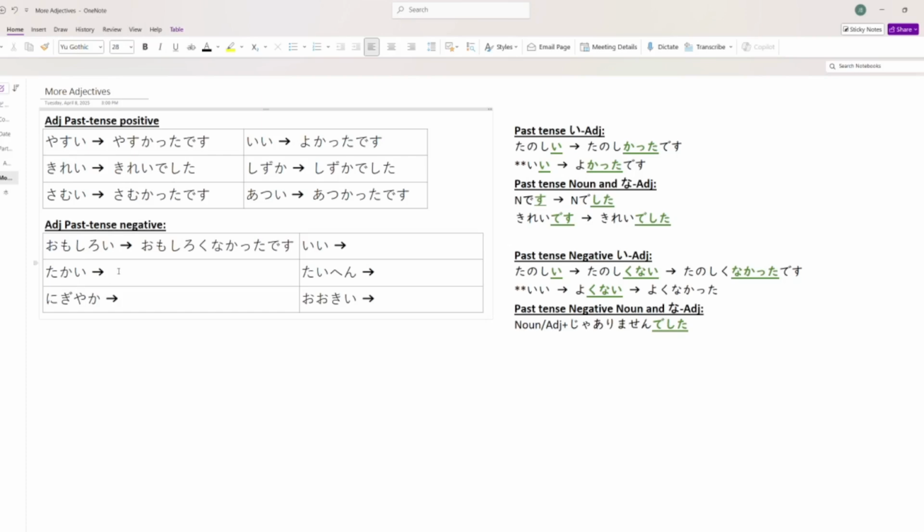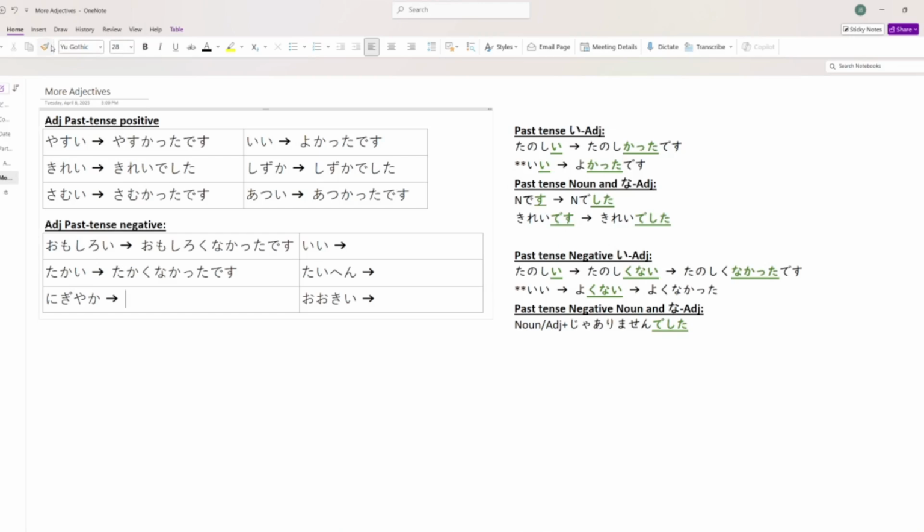So then we take the E at the end, transform that to kunai, takakunai, and then takakunakatta desu. はい。たかくなかったです。はい、正解。次。All right. にぎやか.